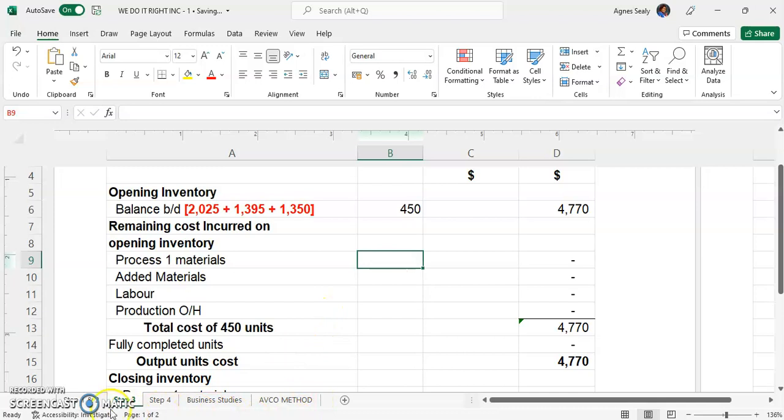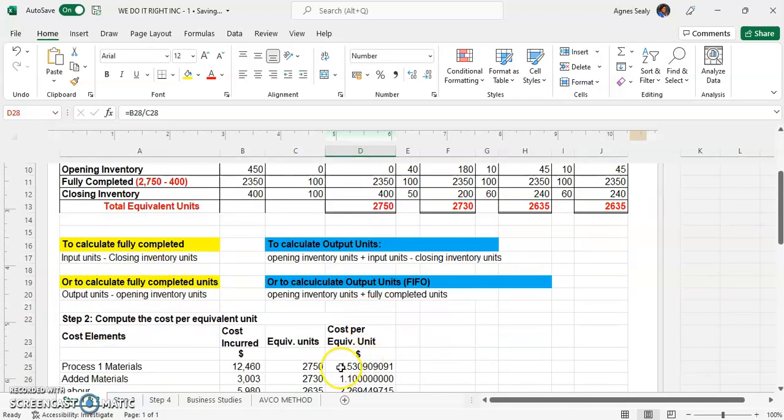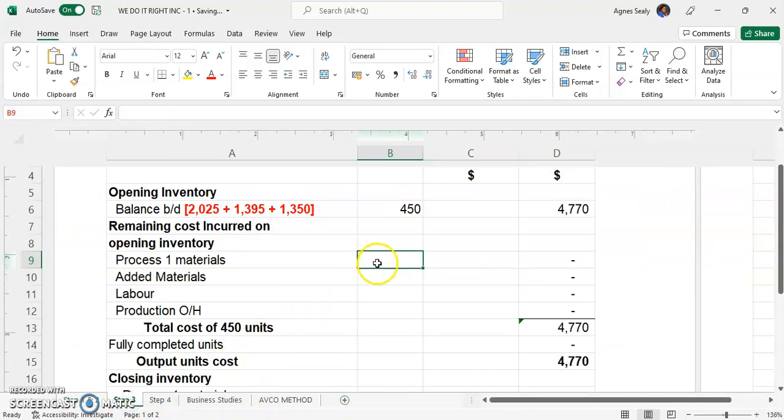Here, the equivalent units for process one was 0. And then we have the cost per equivalent unit here. I'm not saying you have to do this if there is no value on process one material; you can go straight to added material, labor, and production overhead.